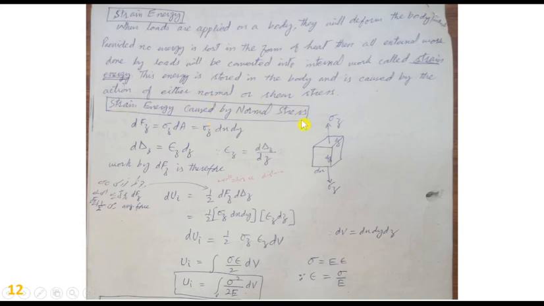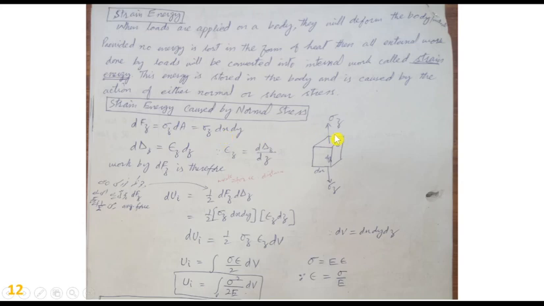So strain energy caused by normal stress: if only one stress, sigma z, acts here, with dimensions dx, dy, dz, the potential of force along the z-axis will be sigma z into dA.